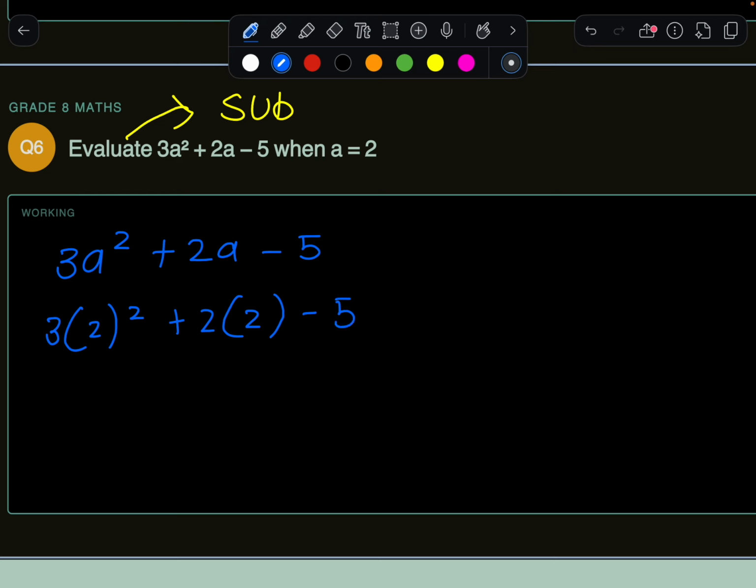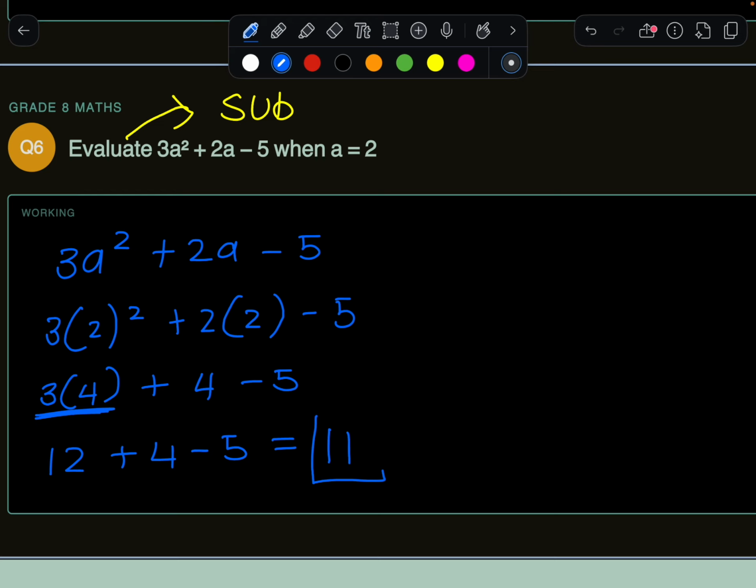Then we work it out. 2 squared is 4, so that's 3 times 4, which is 12. 2 times 2 is 4. 12 add 4 is 16, and 16 minus 5 is 11. That is our final answer for this one.